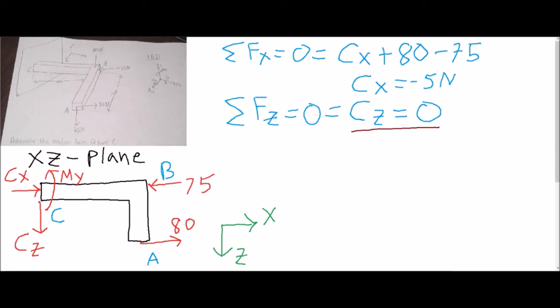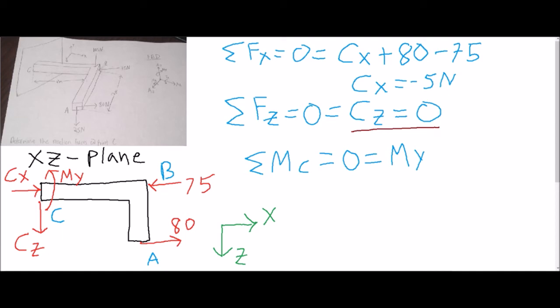Okay, and lastly, we need to solve for the moment about C. So all the forces around C will not be counted. 75 is in line with point C, so that will not contribute to the moment. But we have the moment in the y direction, which once again is counterclockwise, so we know it's positive. And if you look at the 80, imagine you hold point C still and pull with a force of 80, so the bar is going to go counterclockwise.